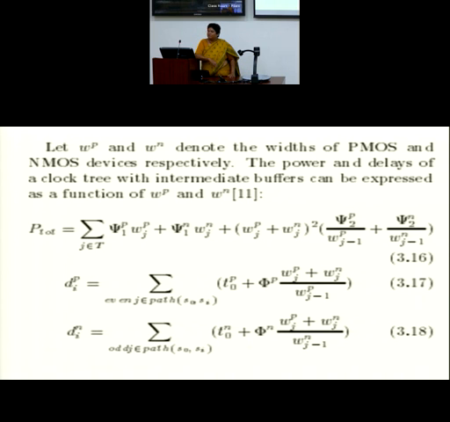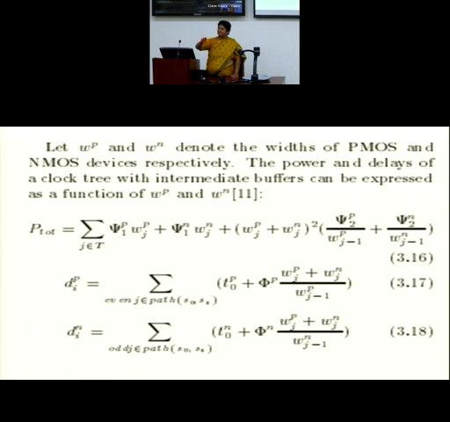Anybody who has done optimization, operations research, would know. Anybody can define it like an optimization problem with 3 constraints: minimum skew, minimum power consumption, minimum delay. And then solve it for W values which can lead to a minimum of all these 3. So it is basically an optimization problem, optimizing between the 3.